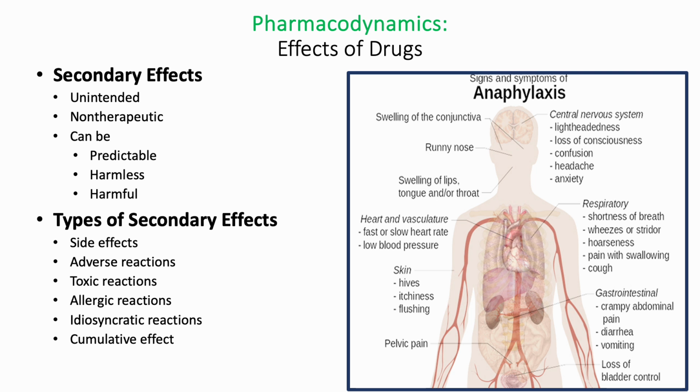Okay? The FDA defines severe adverse reactions as: 1, they're life-threatening; 2, they require intervention to prevent permanent impairment or death; or 3, they lead to a congenital anomaly, a disability, hospitalization, or death.